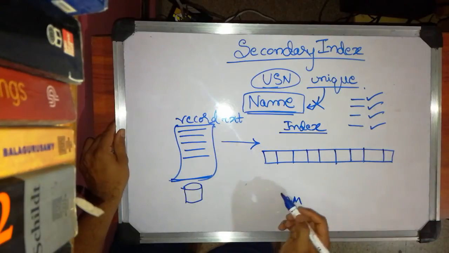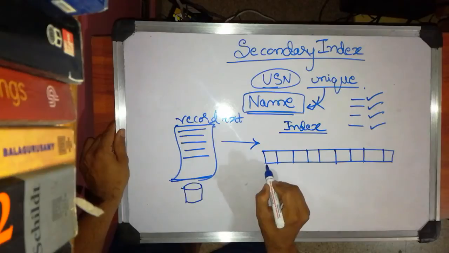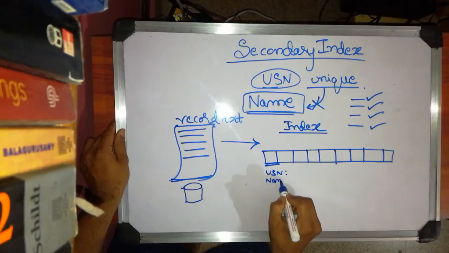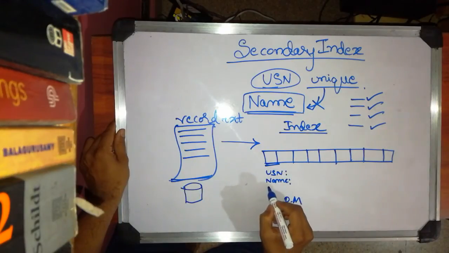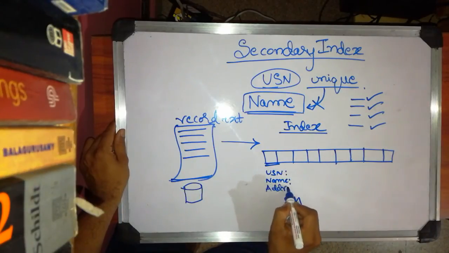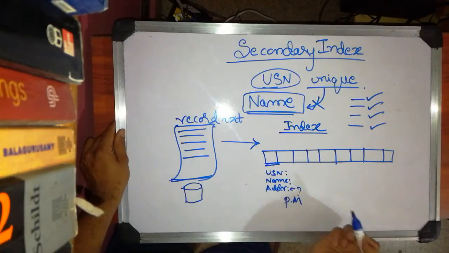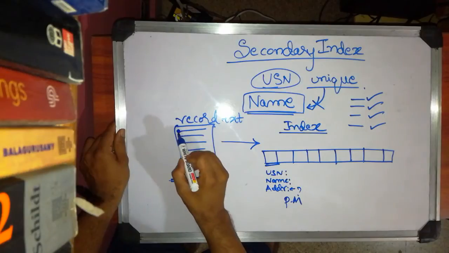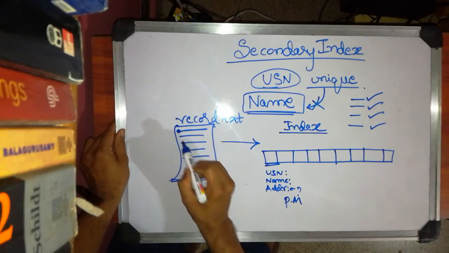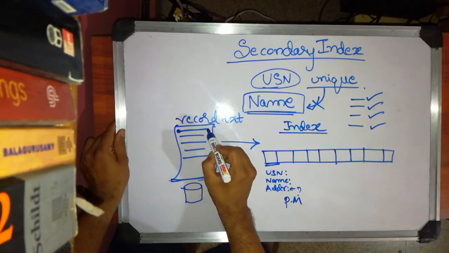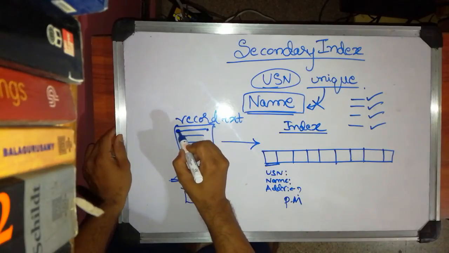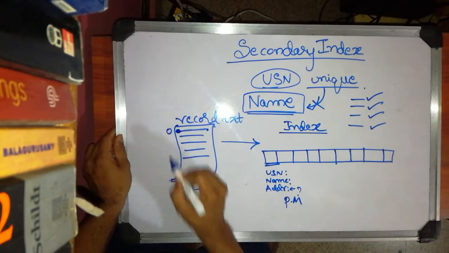Now what will this contain? Every entry will contain the USN, the name, and then the address. So what is this address? This address is the starting address of the particular record in the file. We all know that the starting address of the first record is always 0.